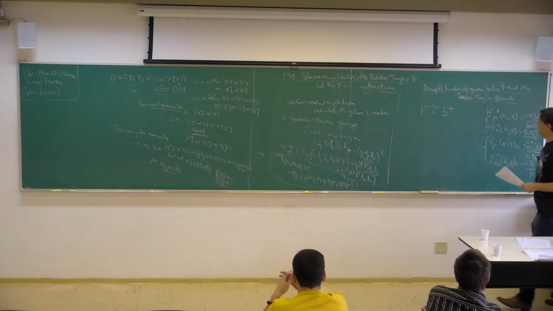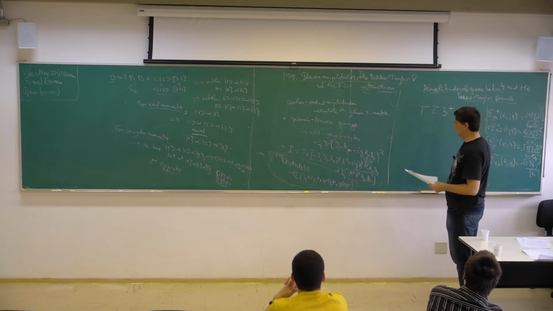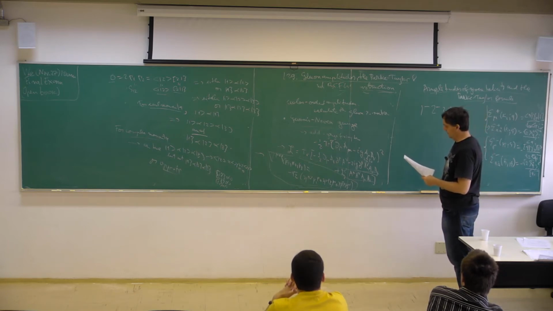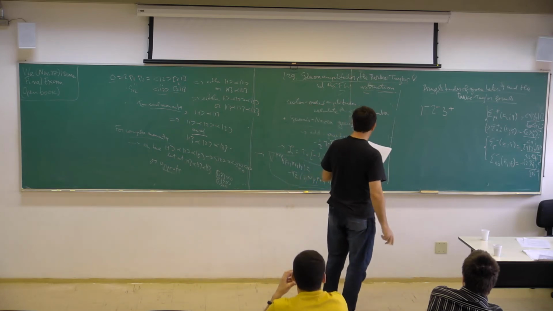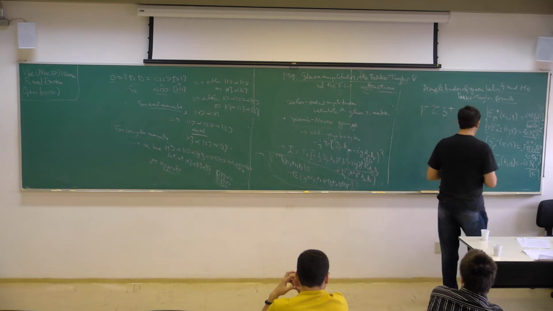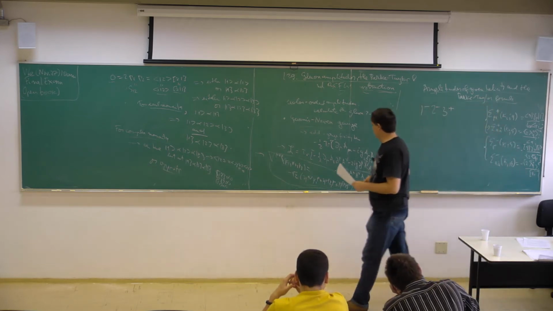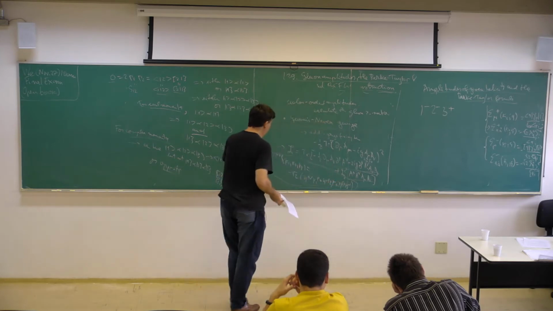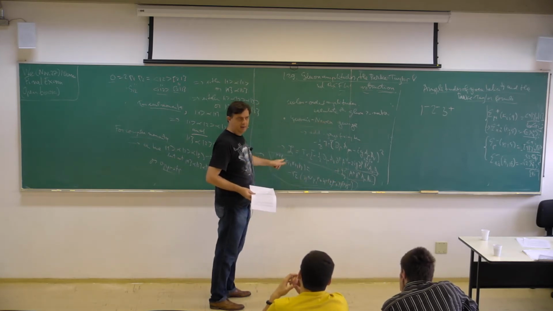So now looking at this, I forgot the last point, which is the most important one. If I want to calculate the amplitude, I have to contract this vertex with the external helicities, right?